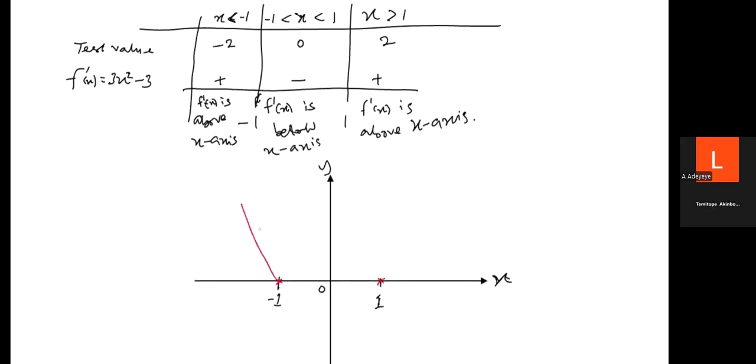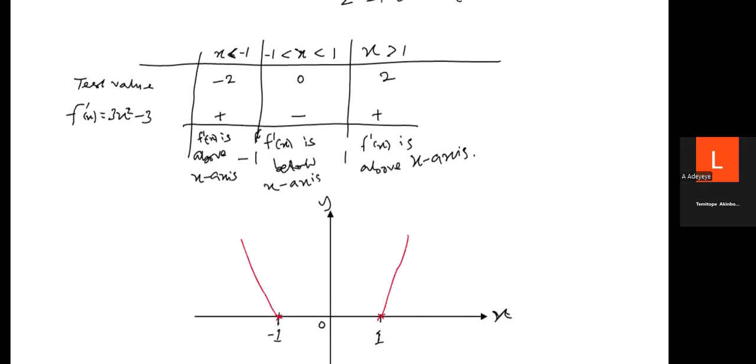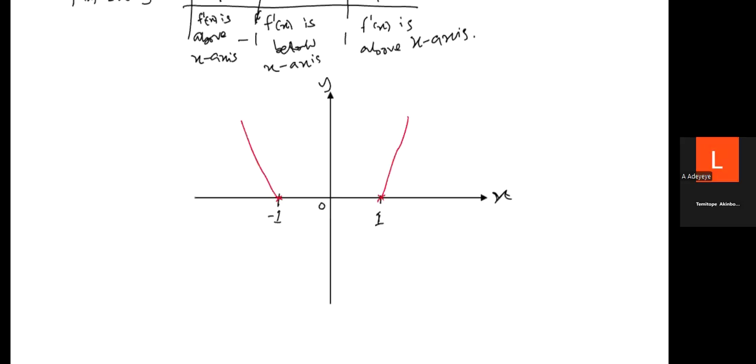Then greater than 1, f prime is also above, so it is to be above here. All right? Now between -1 and 1, we said it is negative, so it's going to be below the x-axis. So we're going to have the curve coming below here. Can you see that? So this is the graph of y equals f prime of x.